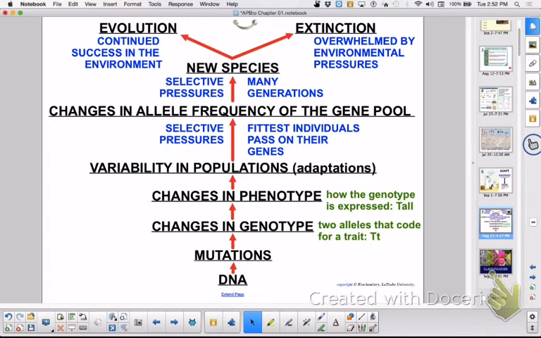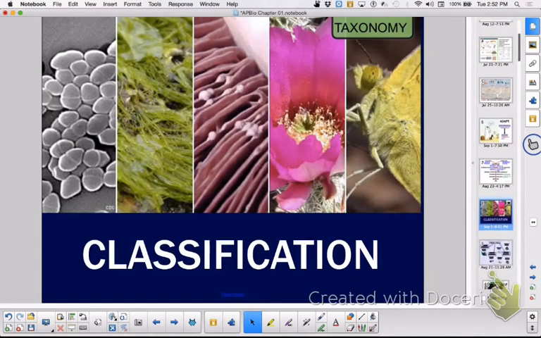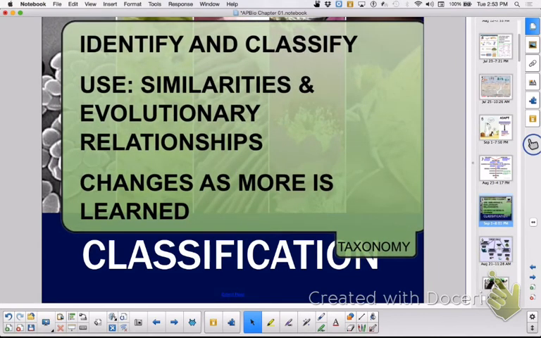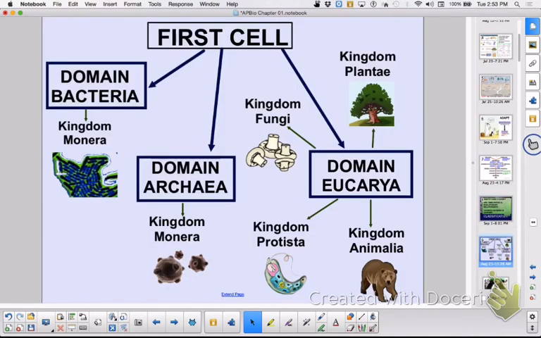And then you take all of life and you can classify it. We're going to go into a whole chapter of classification and taxonomy, and we're going to look at evolutionary relationships. There's a lot more to that. This was just an introduction. And these right here are the three big domains. Basically, you can put life into all three of these domains. You have already learned about archaea and bacteria.